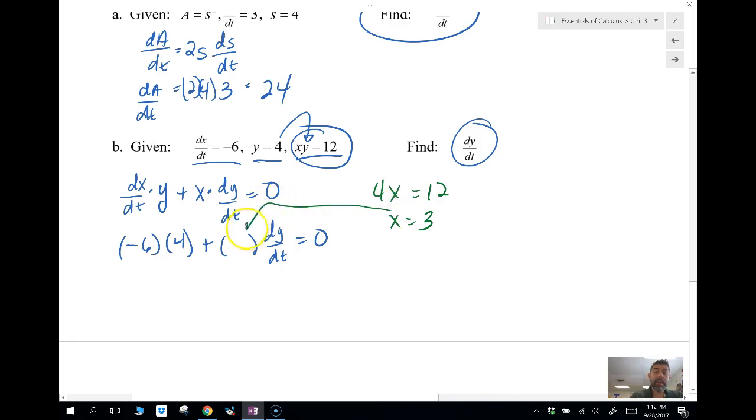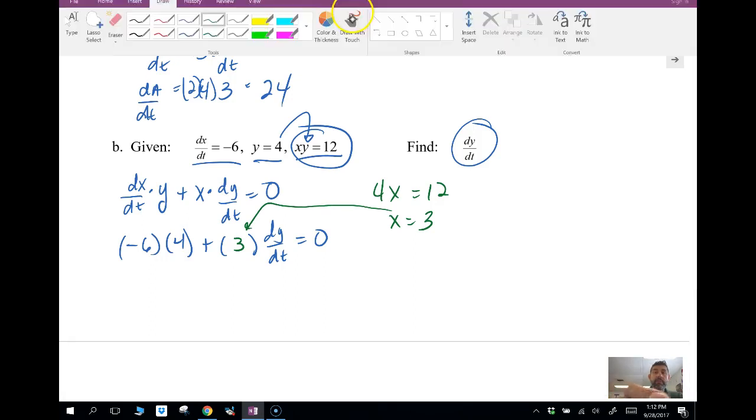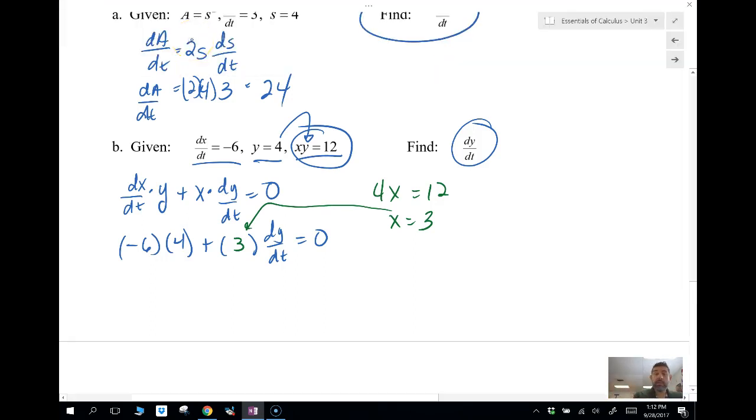So I'm going to plug that guy in here. Notice I didn't do that until after I took the derivative. And then I'm going to solve for dy/dt. So I get 3 dy/dt is equal to positive 24. And dy/dt, after dividing by 3, is going to be 8.